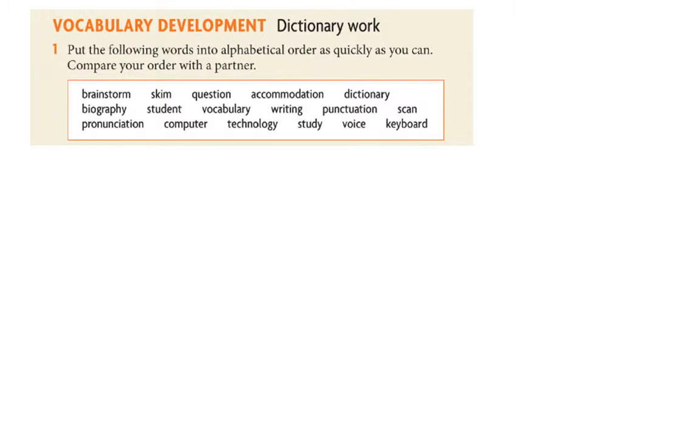In other words, these words should be sorted from the words that started with A, then words started with B, then words started with C, and so on to the last word, which should start with Z. So as we all know, the alphabet in English is A, B, C, D, E, F, G to Z. Let us start with the words that start with the letter A.